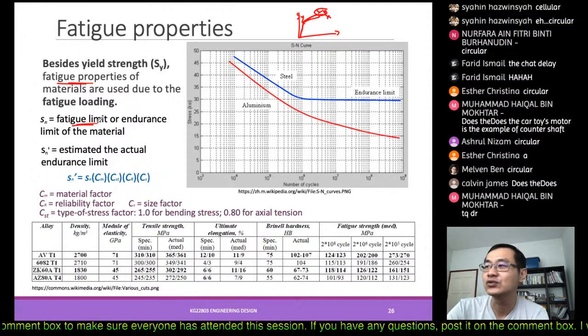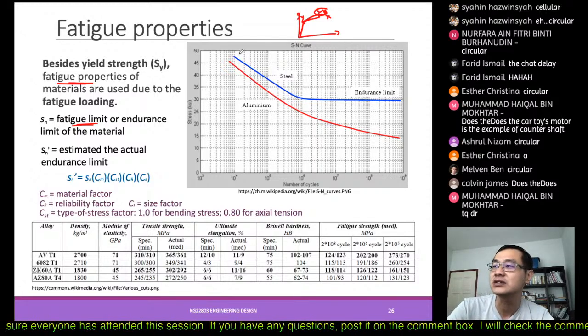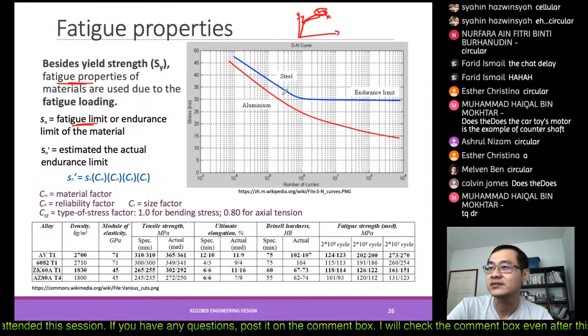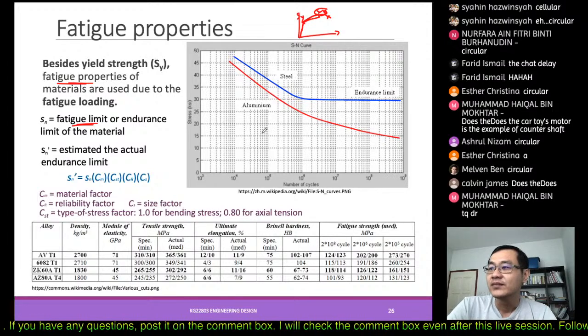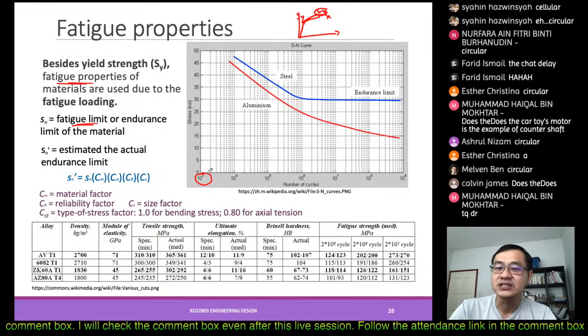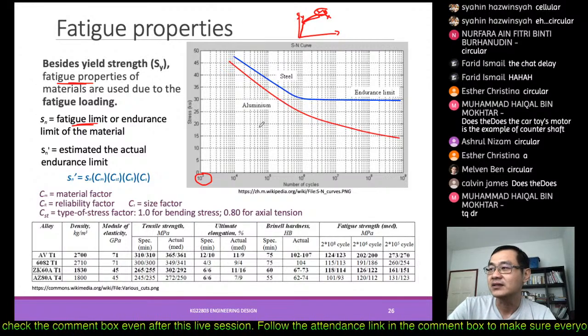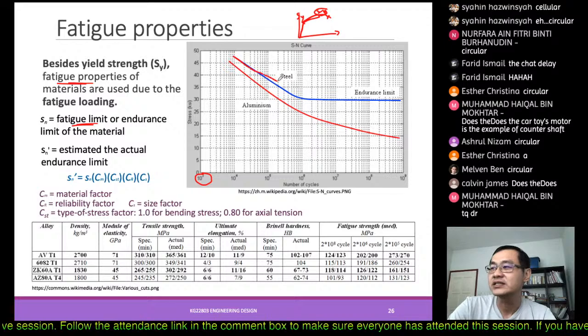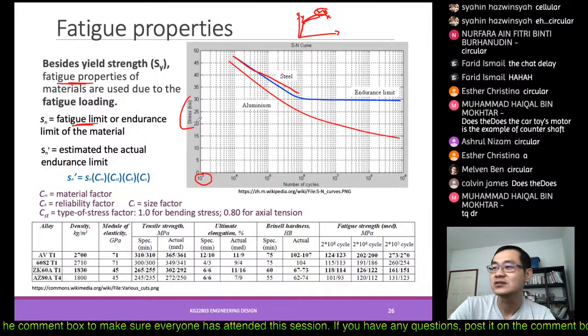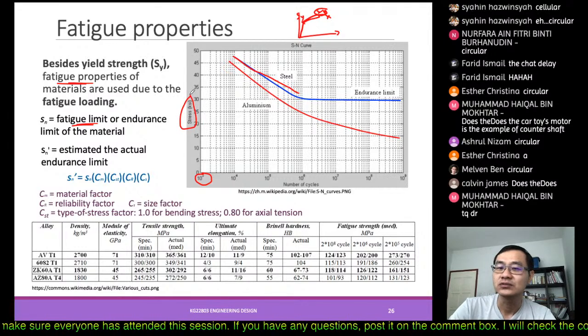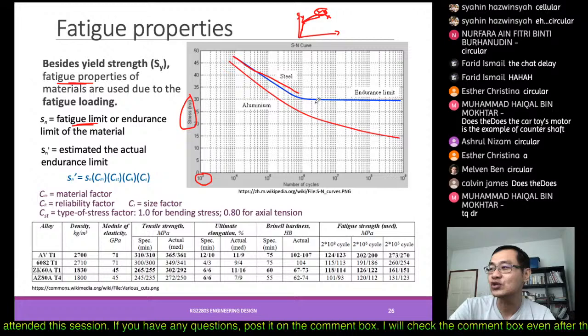cycles it can do. In general, steel has this characteristic of fatigue. As the number of repetitions increases, the tendency for the steel to fail due to fatigue also increases. Let's see how we interpret this.